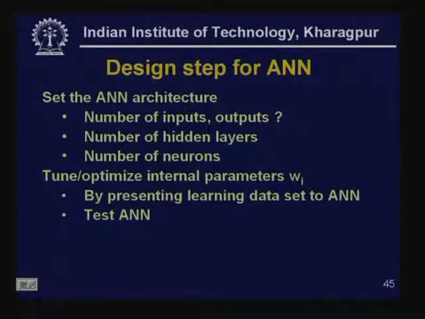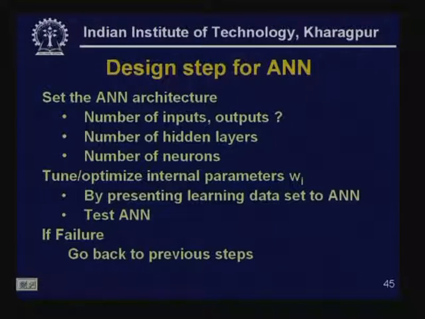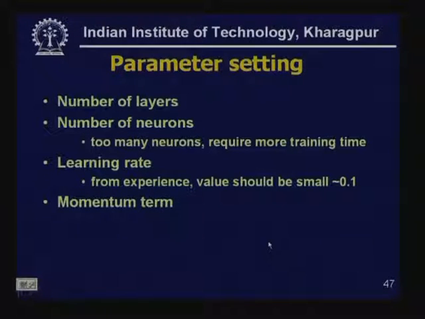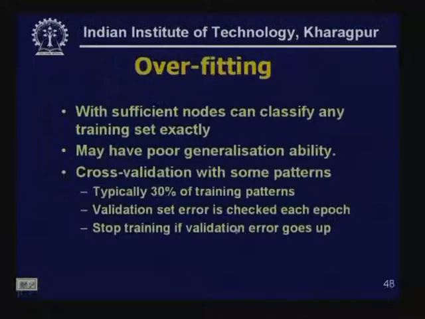And finally, you test the network, and if the network is satisfactory, you are done. If the network is not satisfactory, you have to go back to the previous steps, so that you try with different values of the parameters and maybe even a different topology. So, there are a lot of parameters that you have to decide when you are working with the neural network.